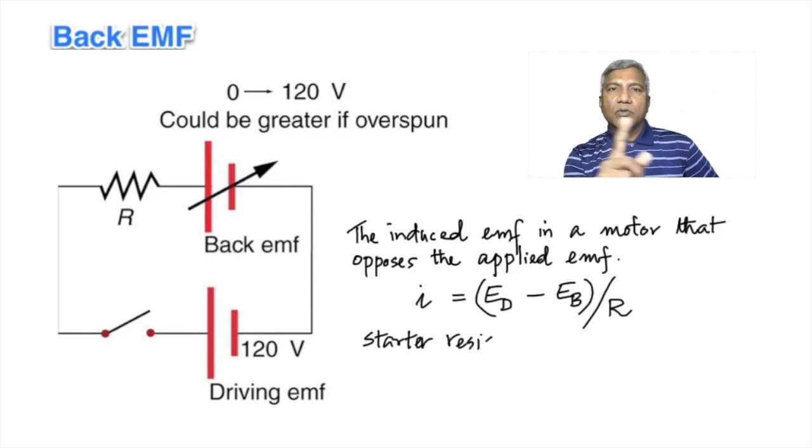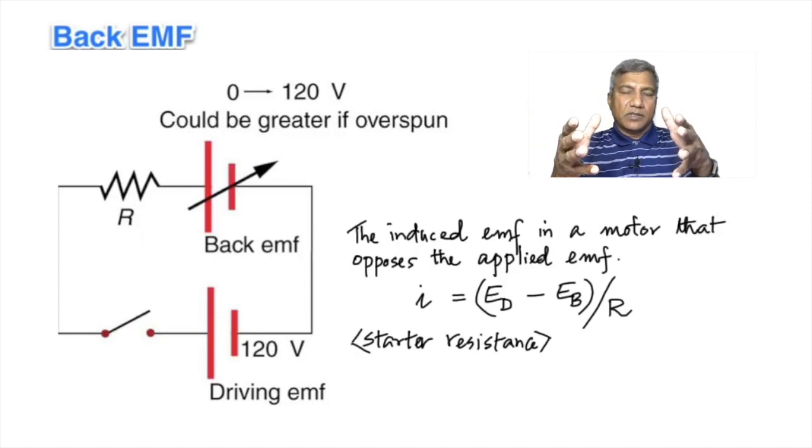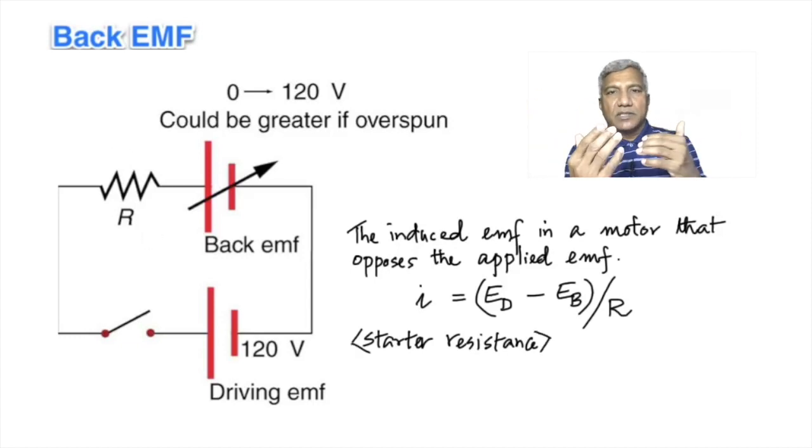But as the motor increases its speed of rotation, there is an induced EMF produced, and that induced EMF is going to become bigger and bigger. Why? Because the induced EMF depends on the rate at which the magnetic field is changing. So that's called the back EMF. The induced EMF is called the back EMF.